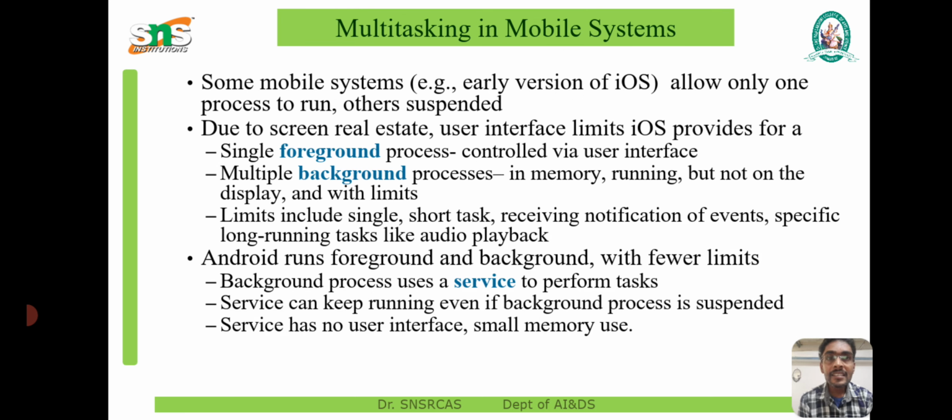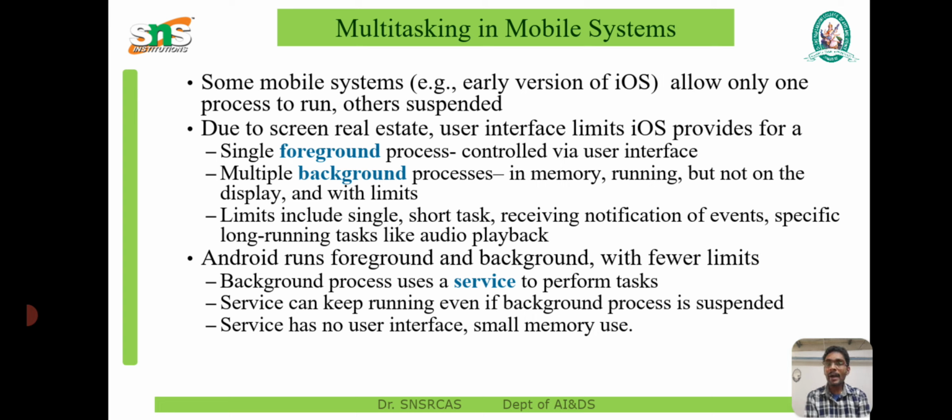And here is how multitasking happens in mobile systems. Some mobile systems in the earlier days, like iOS, allowed only one process to run, and the others were suspended. This happens due to screen real estate. On a mobile, the user interacts using only the display screen. So because of user interface limits, iOS provides a single foreground process which is controlled via the user interface.